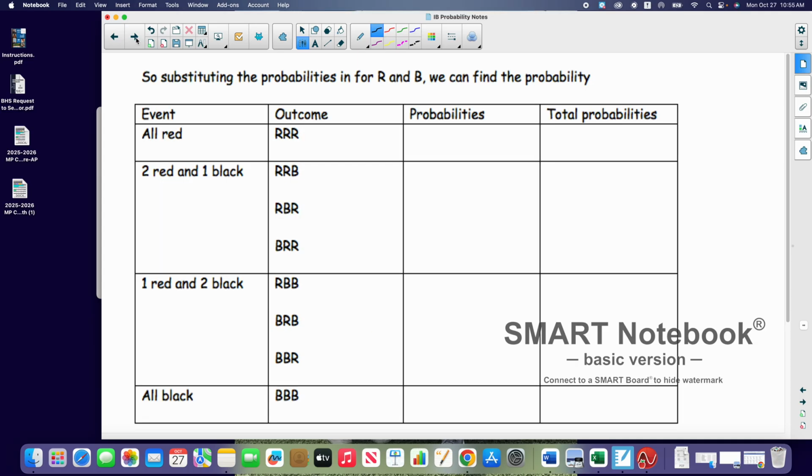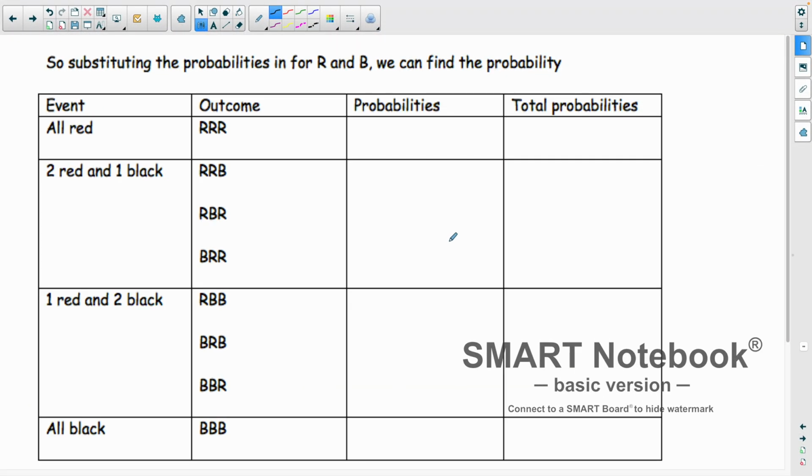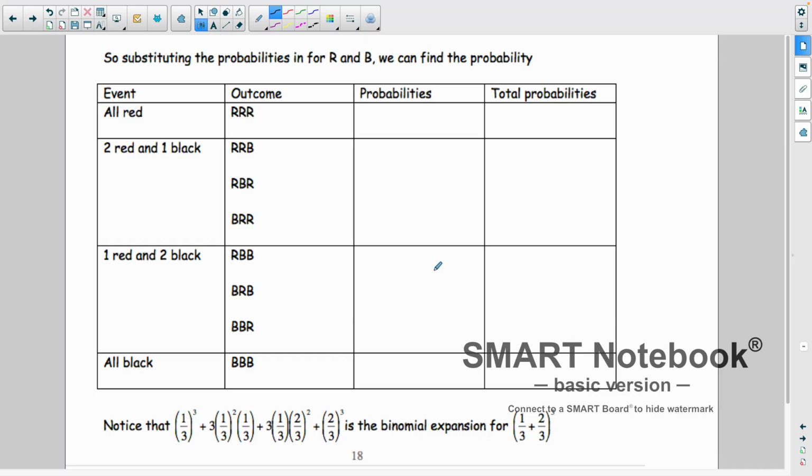Now, these were all the outcomes that I had just listed on that previous slide. So what's the probability of getting a red, red, and a red? It's the probability of getting 1 red, 1/3. I'm going to cube it because it's red times red times red, which would be 1 out of 27. 1 times 1 times 1, 3 times 3 times 3.